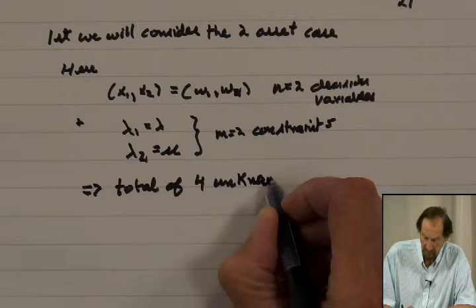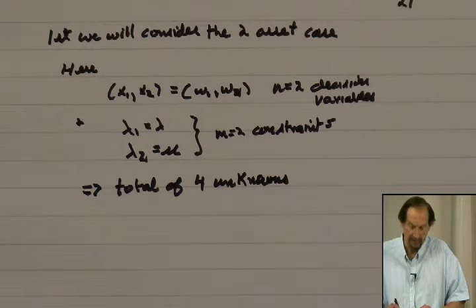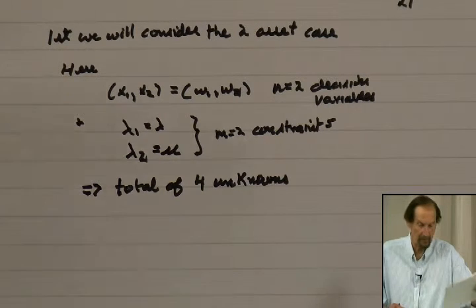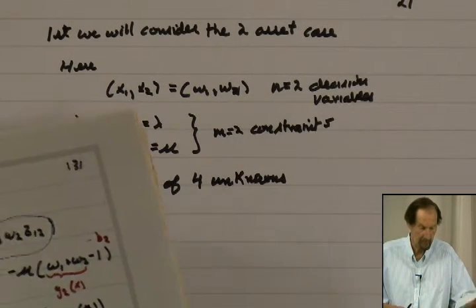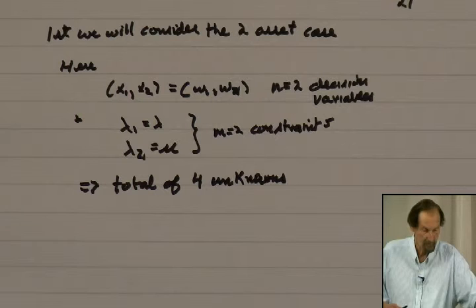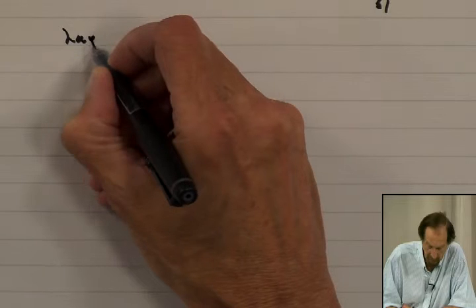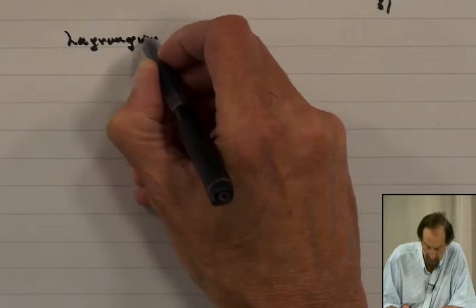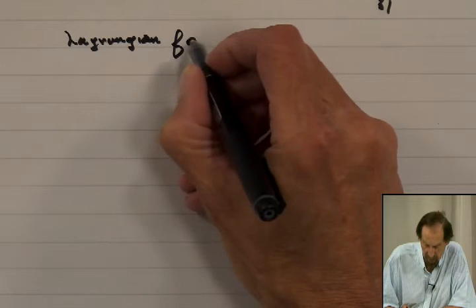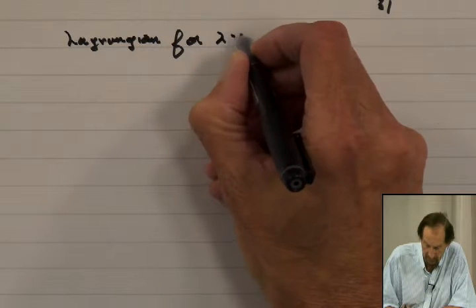Now let's see what equations we have to solve for these unknowns. Let's form that Lagrangian for the two-asset case.